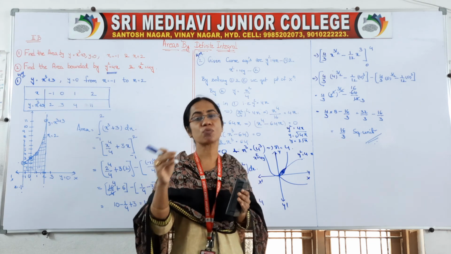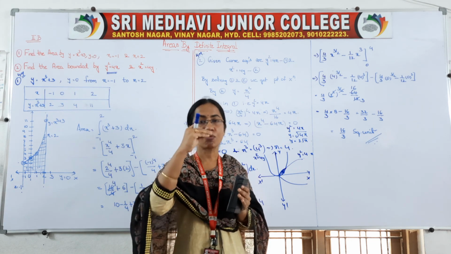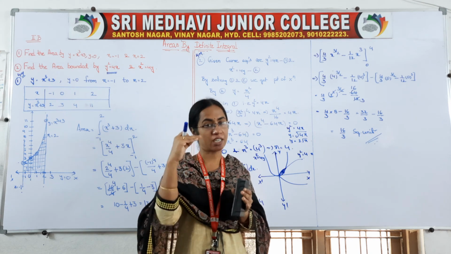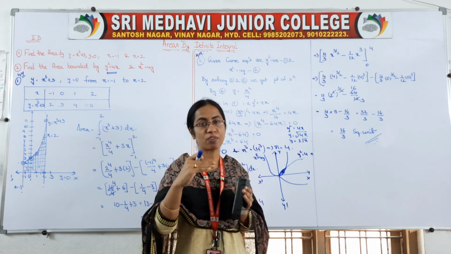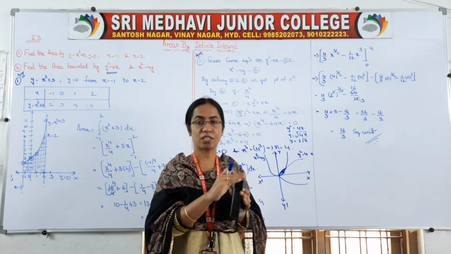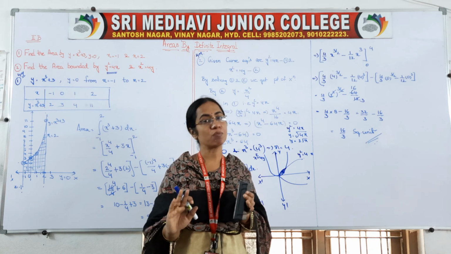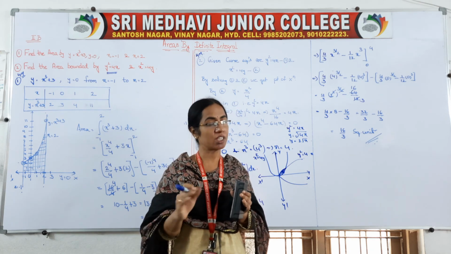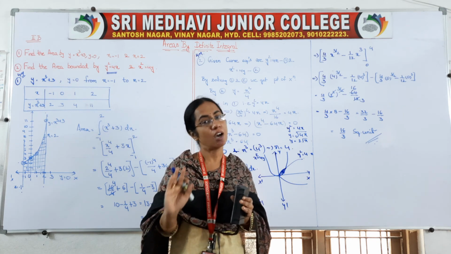Definite integrals means we find the integral value from one limit to another limit. By using the table we find x values and y values. Once we have the values, construct the diagram. Once the diagram is done, check whether the curve comes upwards or downwards and substitute, and you will get the answer.